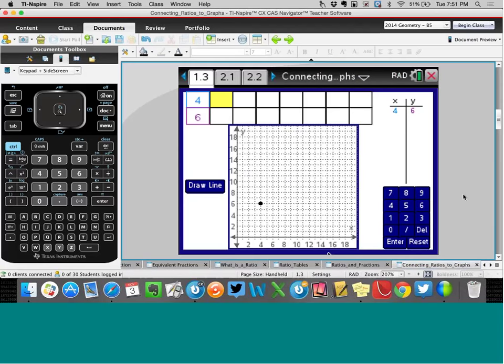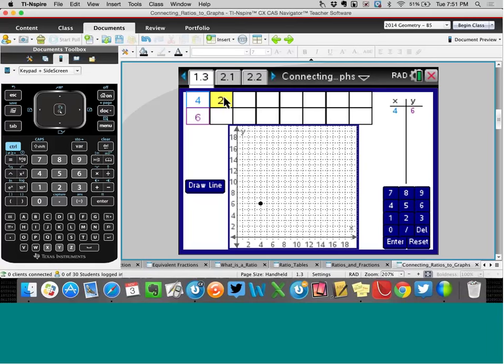So again, this is later on in the progression of activities that connecting ratios to graphs now provides our students the opportunity to think about this ratio that's been given up here, 4 to 6, and what relationship that ratio has to what we see on the graph and what we see in the ratio table that's on the right side of the page. So these different representations that we have, and beginning to think about what other ratios we can include in the table and what might happen with those ratios on the graph as we include them.